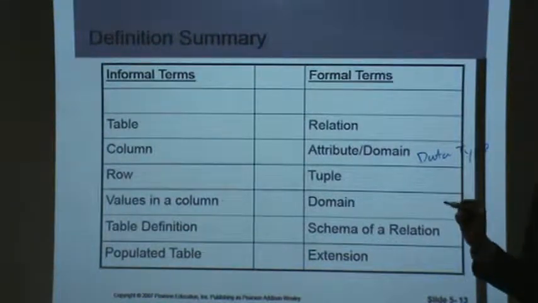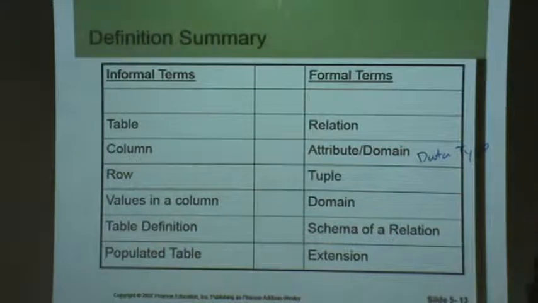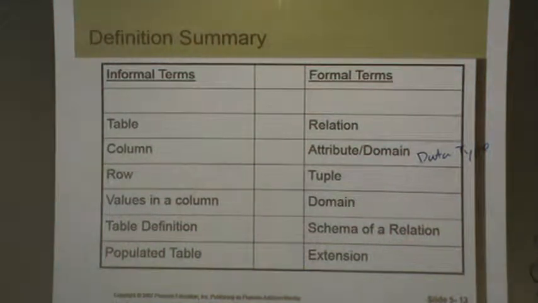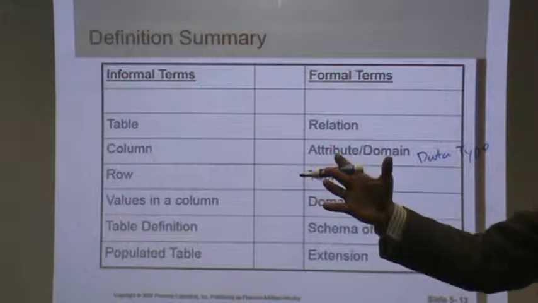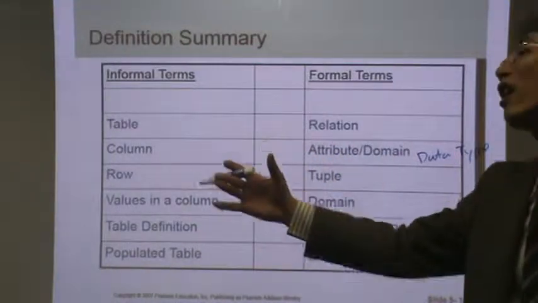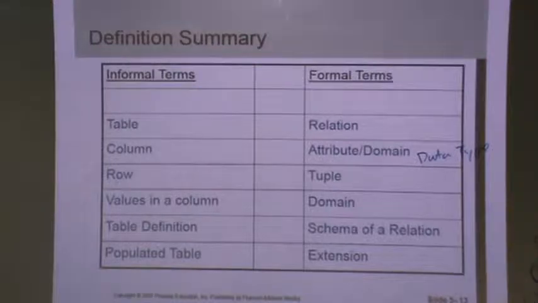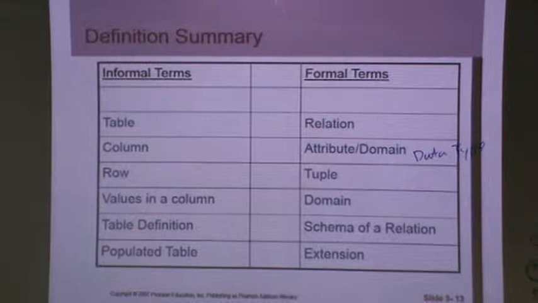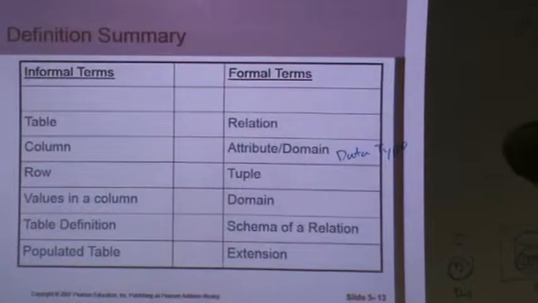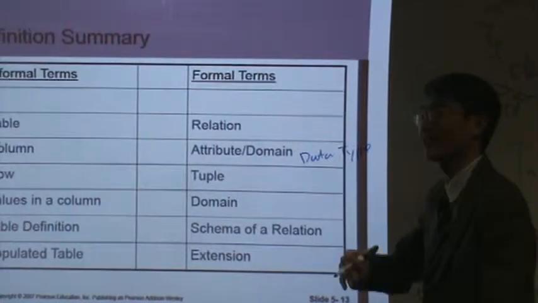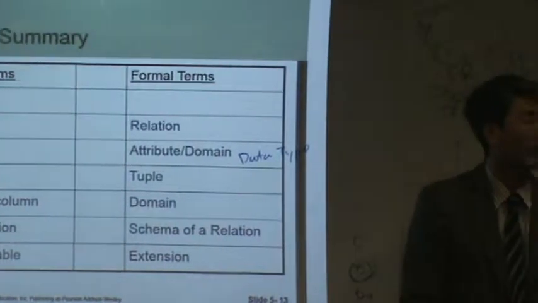like string, or number, or float, or integer. So a data type is a little bit more general concept. Instead of the domain, we might use, for example, character 105, where 105 is the maximum size of the string. Practically, that's an easier way than the domain.